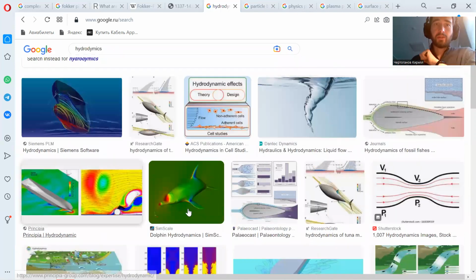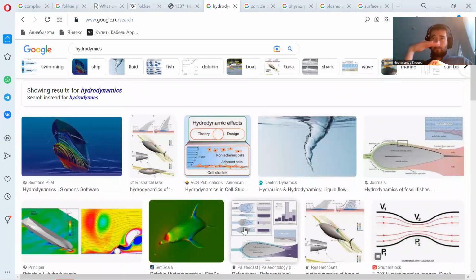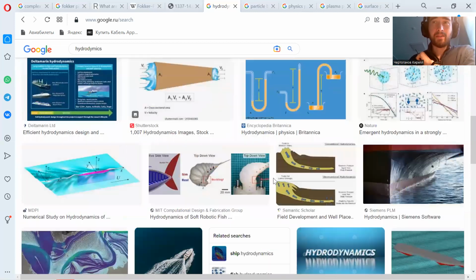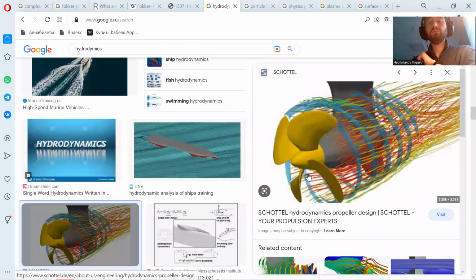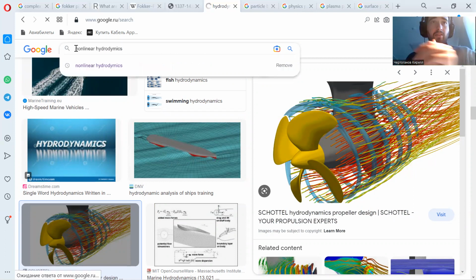It can be used for a boat, or maybe for flying. But okay, maybe only about water. So it's about hydrodynamics, but we can use nonlinear hydrodynamics. What is it about? How do you think? The behavior is quite nonlinear, it should be.